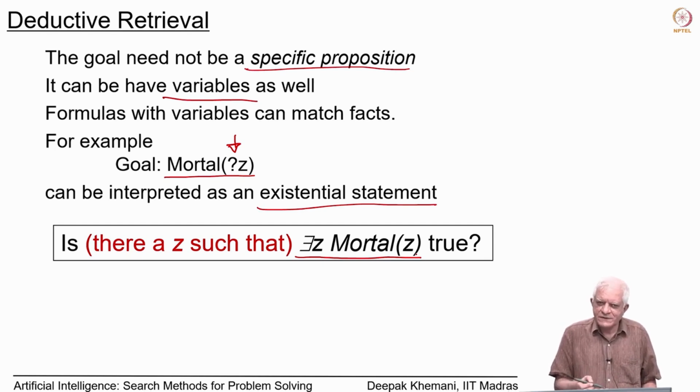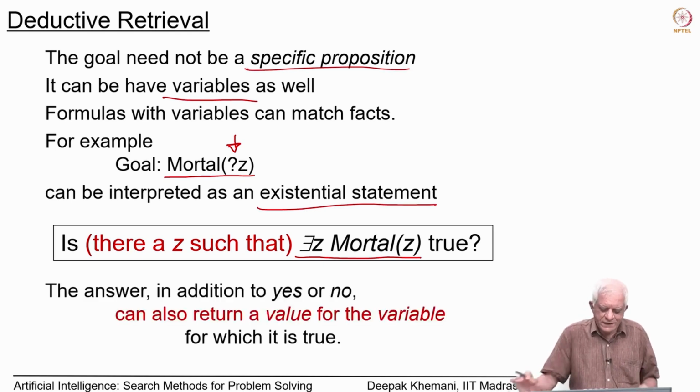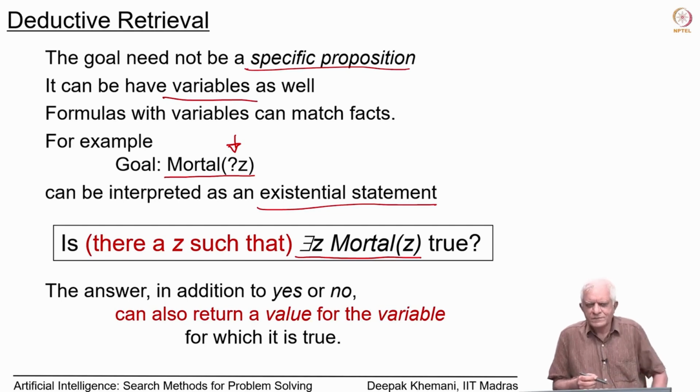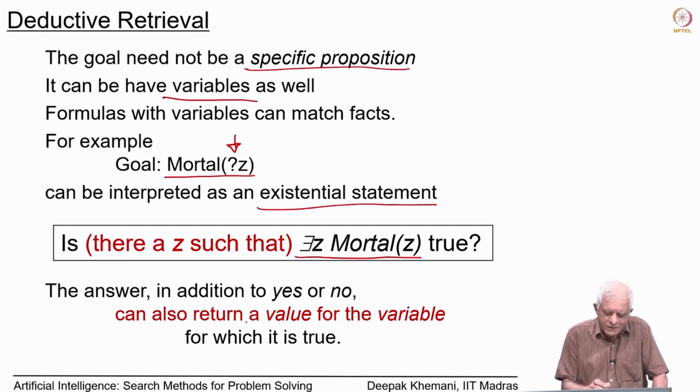And the nice thing about backward chaining or backward reasoning is that indeed when we run this query with our Socratic argument, which said that all men are mortal, and if you have at least one man in your knowledge base, then it will return yes, there exists somebody who is mortal, and not only that, it will tell you who it is you are talking about when you are giving us this proof.